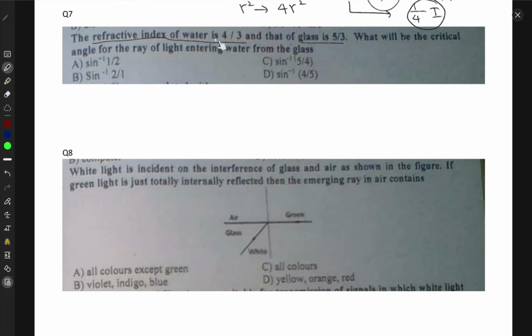So what do we know about critical angle and refractive indexes? We know that the ratio of the refractive indexes of two mediums is defined as, I can say, the refractive index of glass over the refractive index of water is defined as 1 over sine of the critical angle theta c.